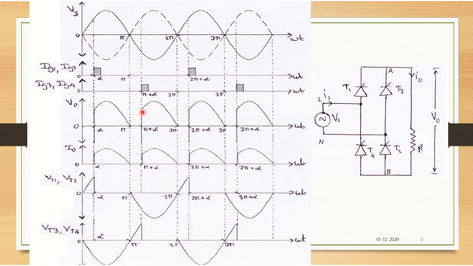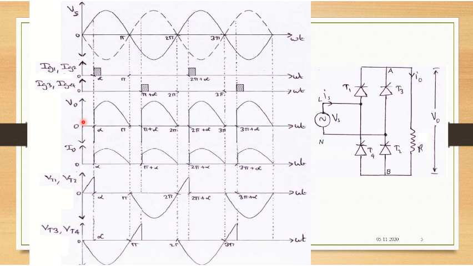So look at the output voltage here. You are getting output voltage at this point, that is from instance pi plus alpha to 2 pi. Correct? So then again, as there is a reverse input voltage, it is getting turned off. All right. So this cycle repeats.